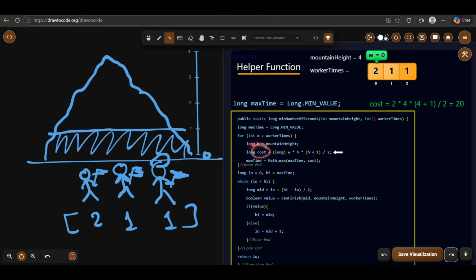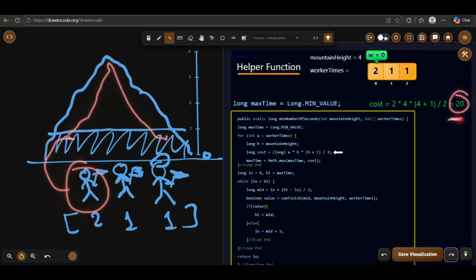Then we will calculate cost. So what is cost? It is the maximum time required for this person to chop all the mountain, which came as 20, using this formula: W into, as we saw previously, 1 divided by 2.